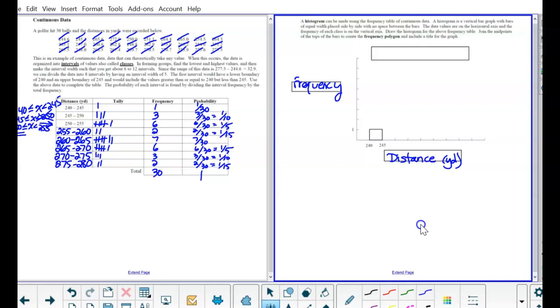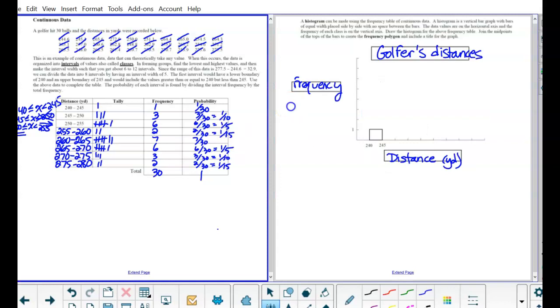So, leave it there. So I'm going to try again with my rectangle here. Oh, I do need to label, so I forgot here. I'm going to make this.